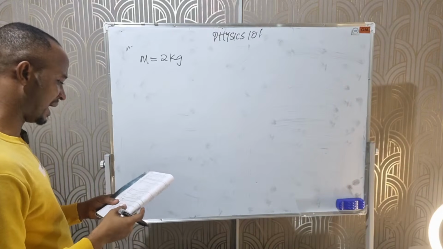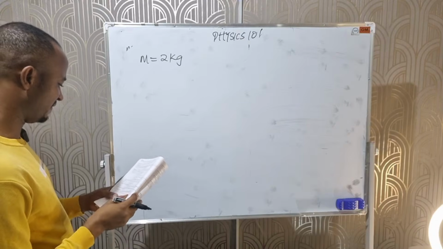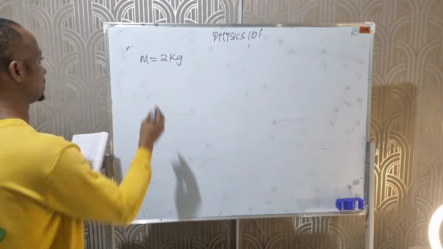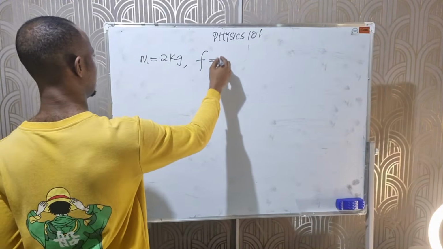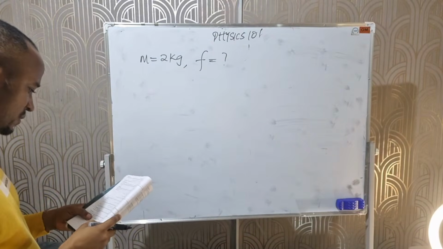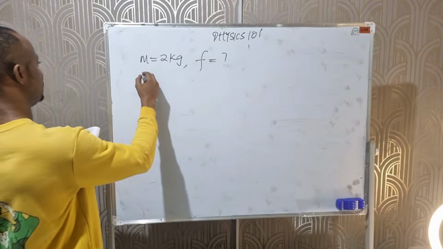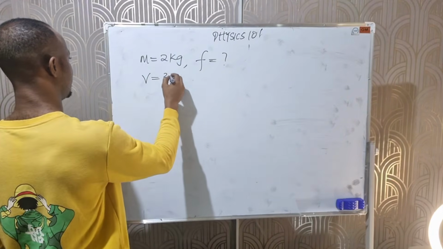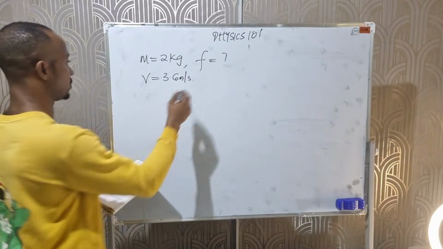Calculate the force acting on this body that will produce a velocity of 3.6 meters per second in 12 seconds.